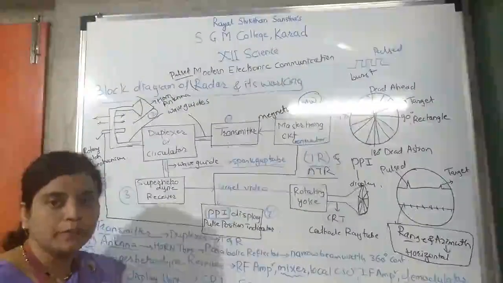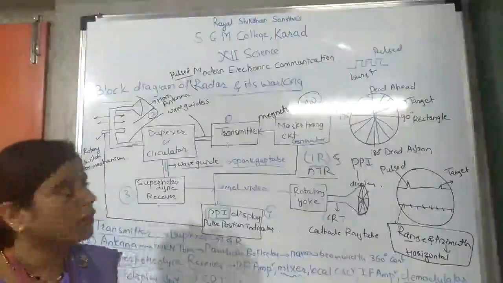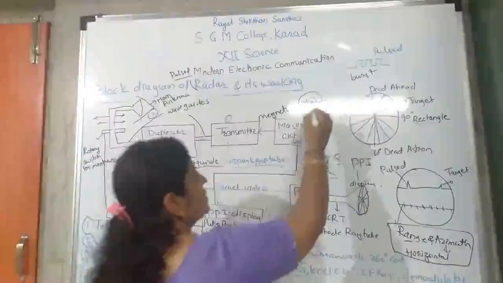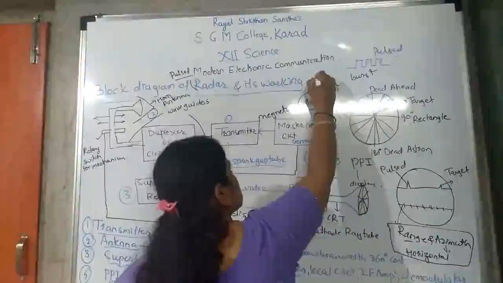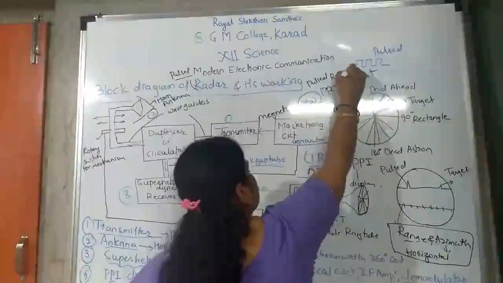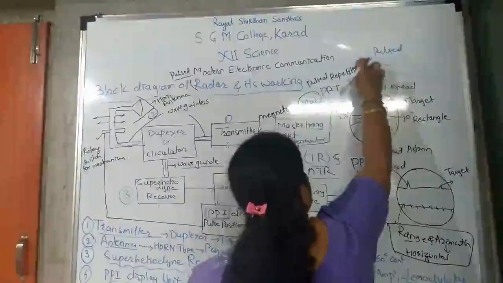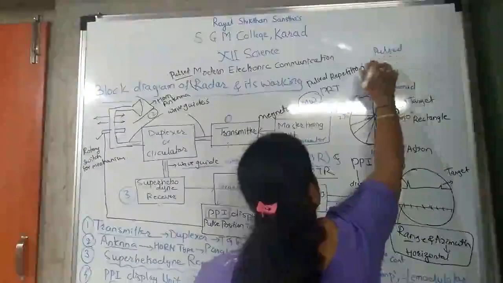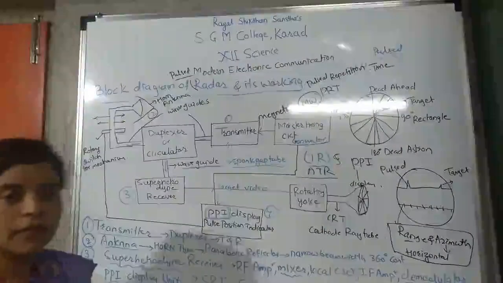So the master timing signal generates the pulses to trigger the magnetron, which develops basic pulses on the PRT signal. PRT means pulse repetition timing. This pulse repetition time is called PRT.